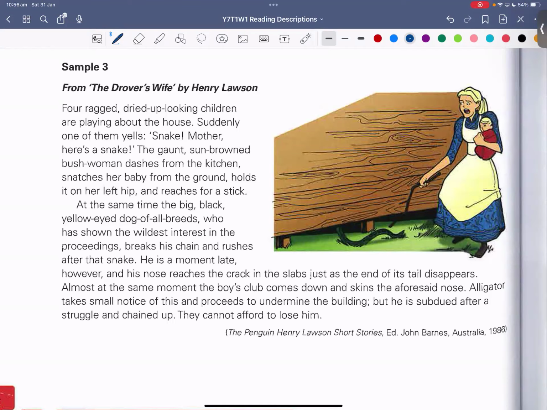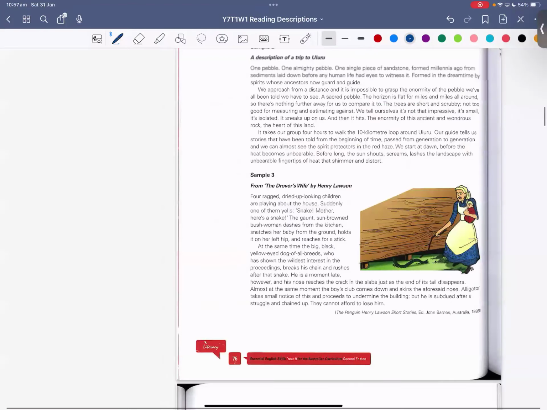So is that alligator chained up or is the dog chained up? I think they're both chained up. So the alligator. The wife has chained up a lot of the animals. Right? So they're gonna get attacked. And they break free from the chain, so they've got to fight back.